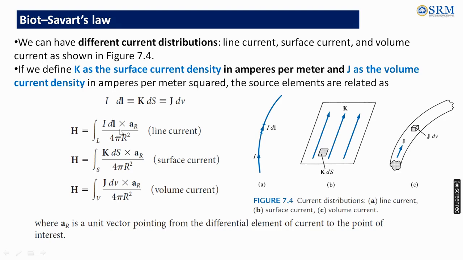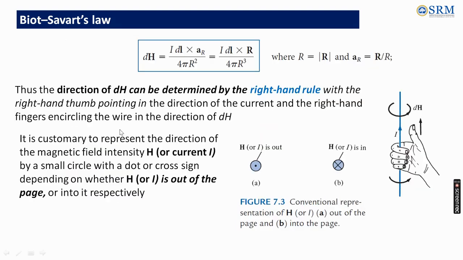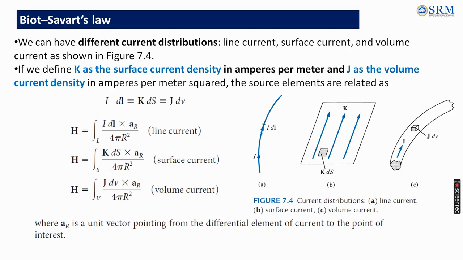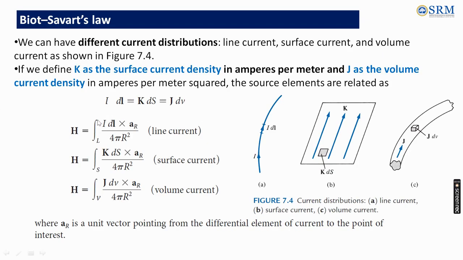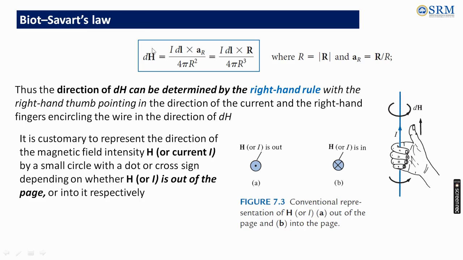So I can rewrite the Biot-Savart law. I am finding the magnetic field intensity H. Here we have written a differential magnetic field intensity. To find the magnetic field intensity, I have to integrate.